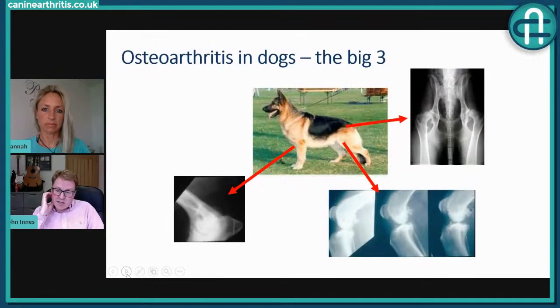In dogs, the difference is that dogs will often develop what we call developmental joint diseases when they're young, such as hip dysplasia and elbow dysplasia. Those diseases occur in dogs that are less than a year of age, but they cause what we call secondary osteoarthritis. So they initiate the pathology of osteoarthritis at a very early age in dogs, and some dogs live with OA for the majority of their life.